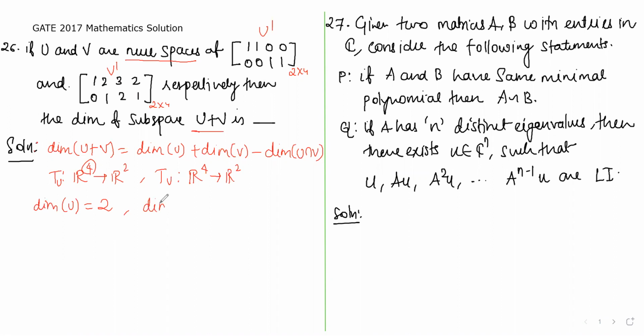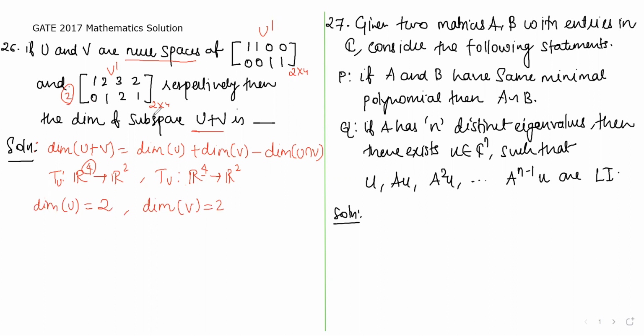Similarly, you can find the dimension of V, that means the dimension of the null space of this matrix. Instead of finding the null space, I'll find the rank of this matrix. Clearly the rank of this matrix is again 2. Since the rank is 2, by the rank nullity theorem the nullity is also 2, because V is also coming from R4. So 4 minus 2 gives me 2. So the dimension of V will be equal to 2.